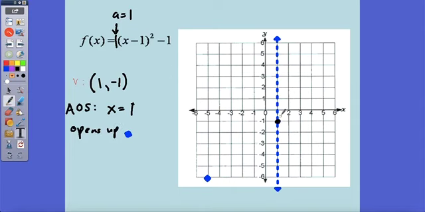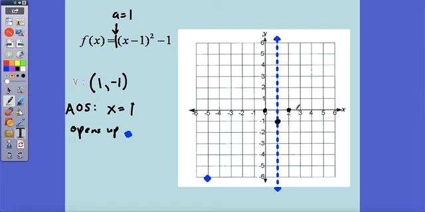From here, we can go right 1 up 1 and left 1 up 1. And then we always want to create one more point. So you want 5 total points to graph.